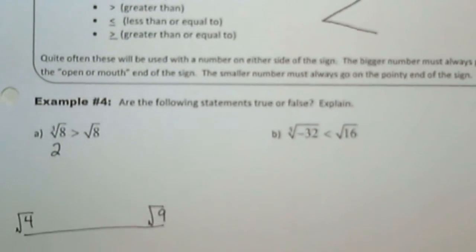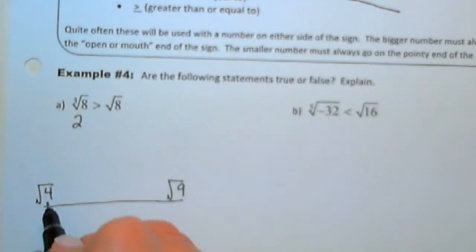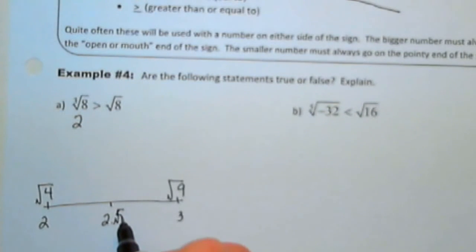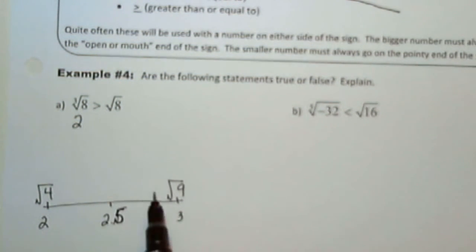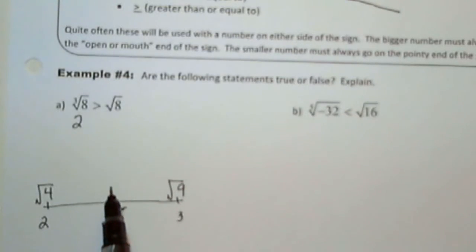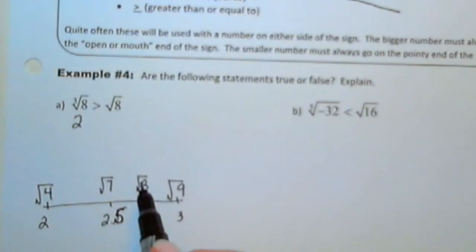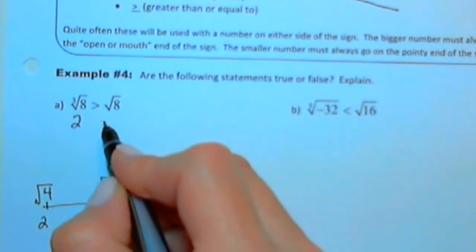And after a while, you can kind of approximate a little bit for this, because here's 2, here's 3, 2.5 would be somewhere in the middle between 4 and 9, 5, 6, 7, 8, 9. So that's about this. The square root of 8 is going to be somewhere around here, and it's going to be like 2.7 or something.